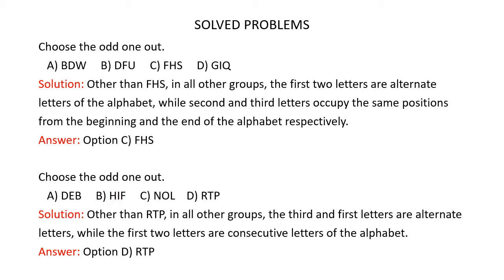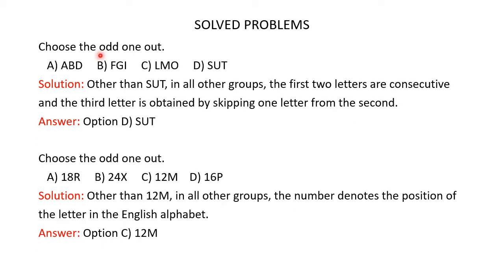Also in option C, L and N are alternate letters and N and O are consecutive letters. But in option D, P and R are alternate letters, but R and T are not consecutive letters. So obviously RTP is the odd one out here. So the correct answer is option D, RTP.